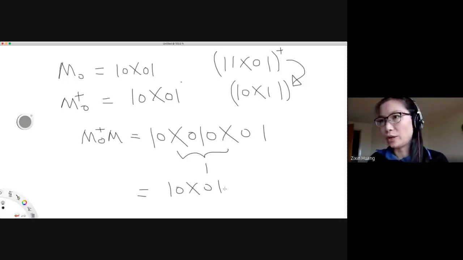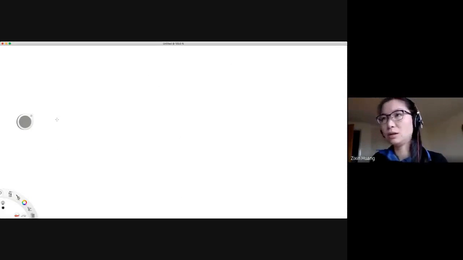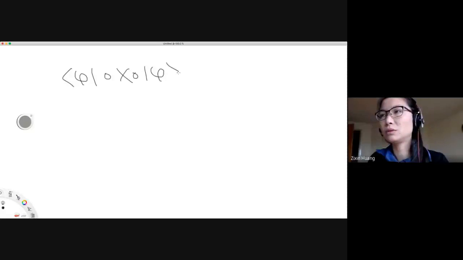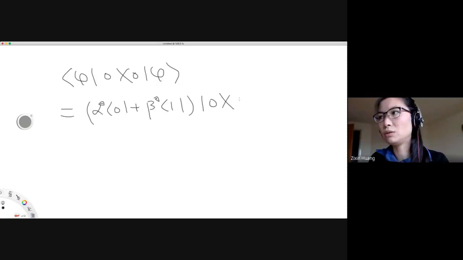Okay, so now if I want to do, okay, I think I need more space in that. So now if I want to go, okay, what's the overlap with 0, 0? This, if I write it out, this would be alpha dagger 0 plus beta, well, conjugate, sorry, 1, giving you 0, 0, and then you have alpha 0 plus beta 1.